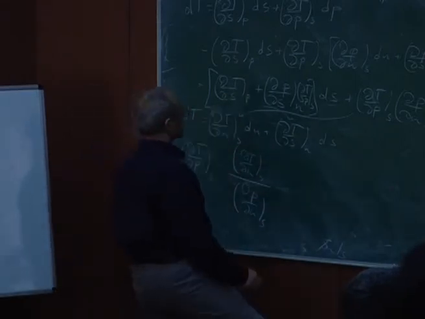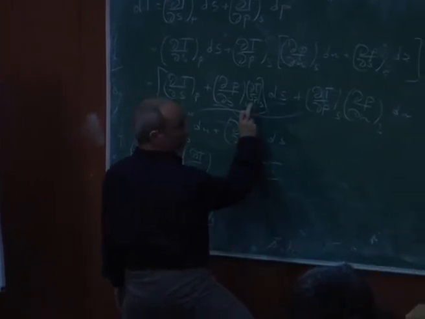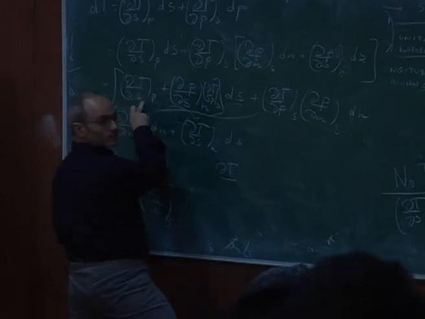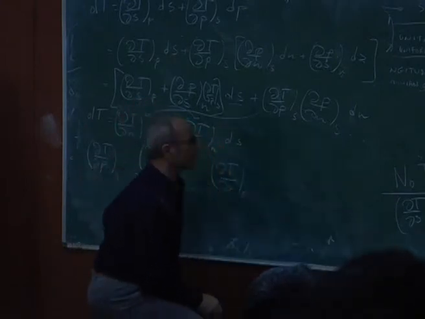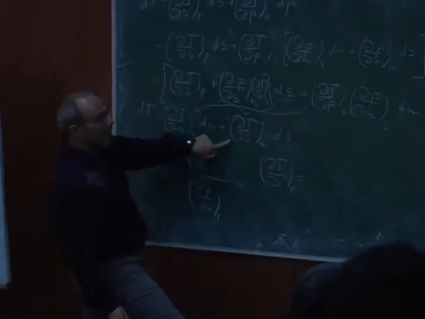Because this says that dT over, what did I want? I want this one, right? This is the thing that I want. So dT over dS at constant P, which is the thing that I needed to put here, is equal to, this one must be equal to that, right?